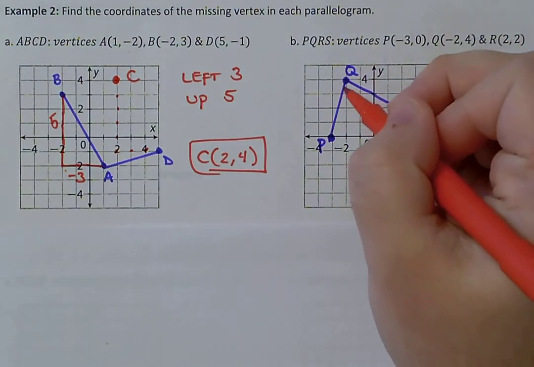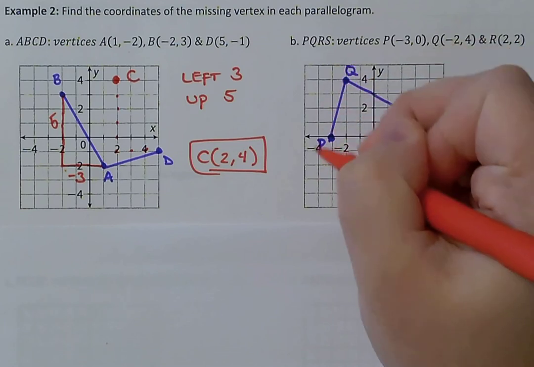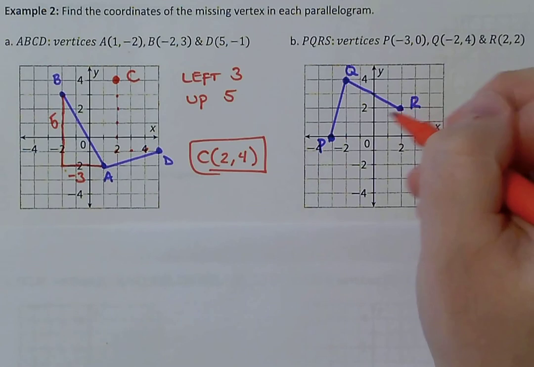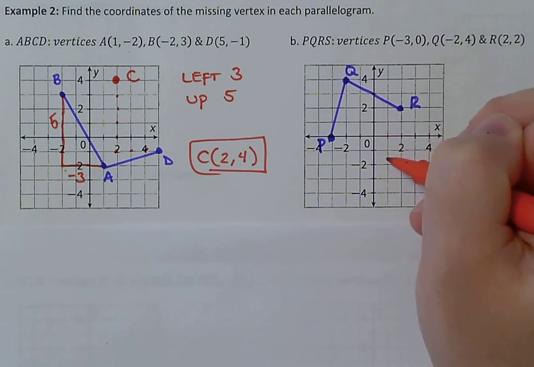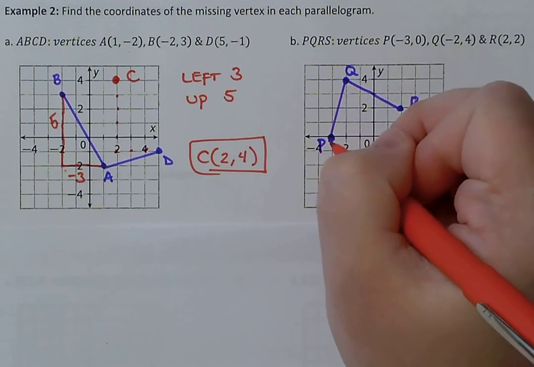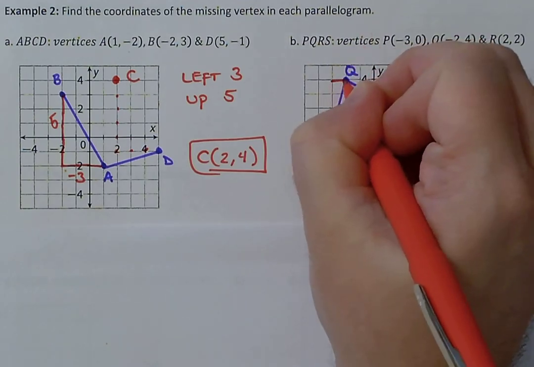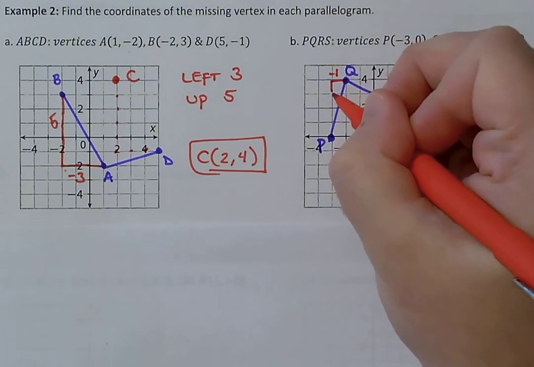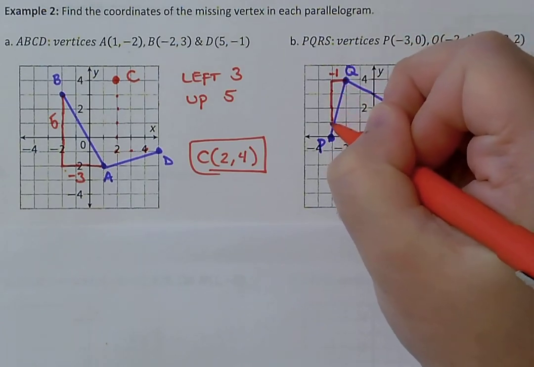What I'm going to do is figure out the slope between P and Q, and then we're going to apply that slope to R to figure out where S resides down here. So to get from Q to P, we go back 1, and then we go down 1, 2, 3, 4.